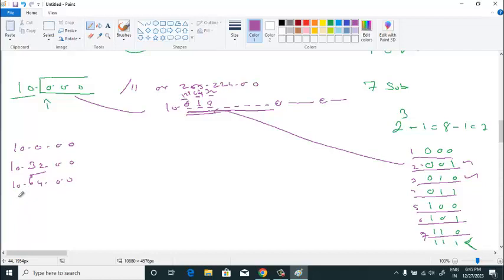You have finished this. Now this one. 0, 1, 1. What is the value? 64 plus 32. You should add because these two are 1, 1. You should add this value. What is the value? 96.